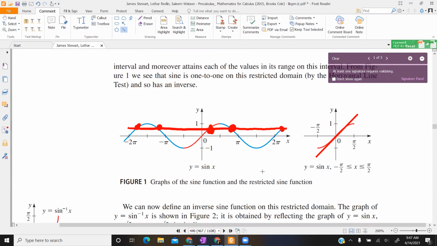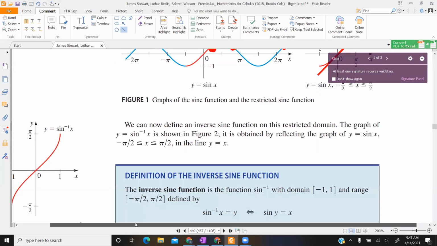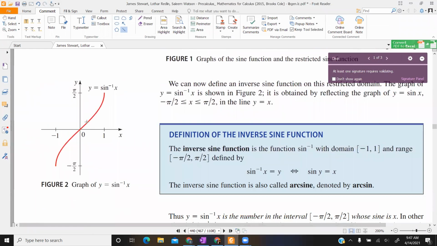What you get is this right here. This is the graph of the inverse function.